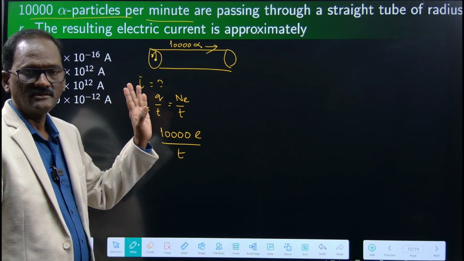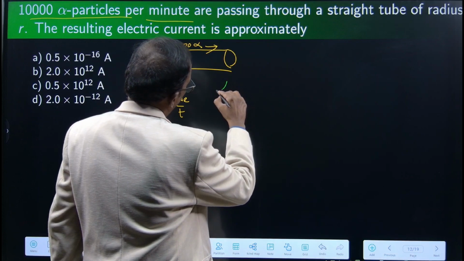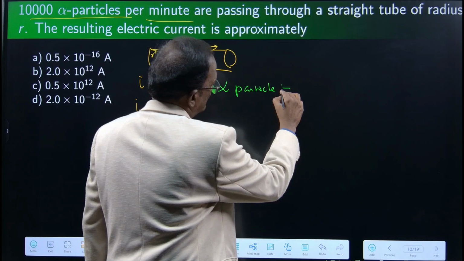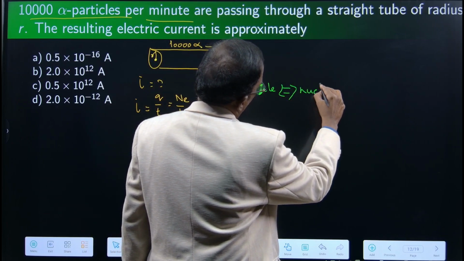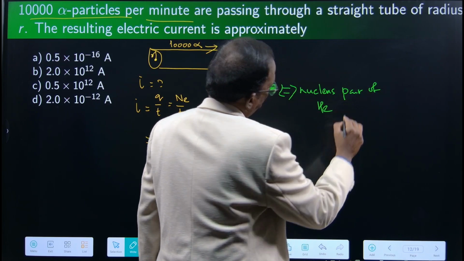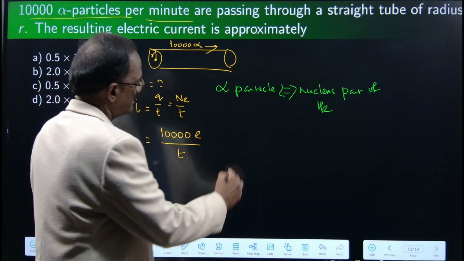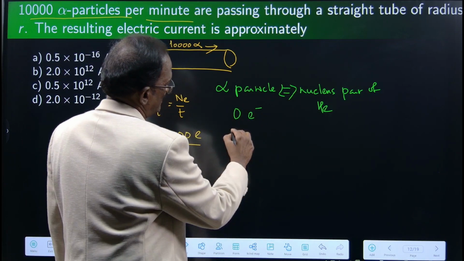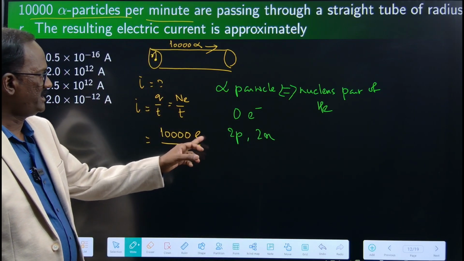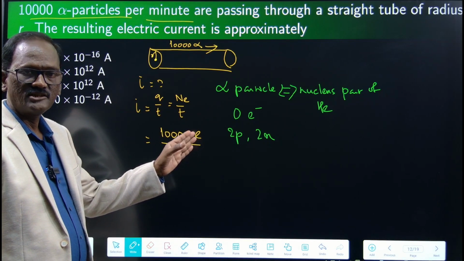How many electrons do the alpha particles contain? An alpha particle can be viewed as the nucleus part of helium. It has 0 electrons, but it has 2 protons and 2 neutrons. So instead of e, I will write the 2 protons' charge. The charge of proton and the charge of electron are the same magnitude.